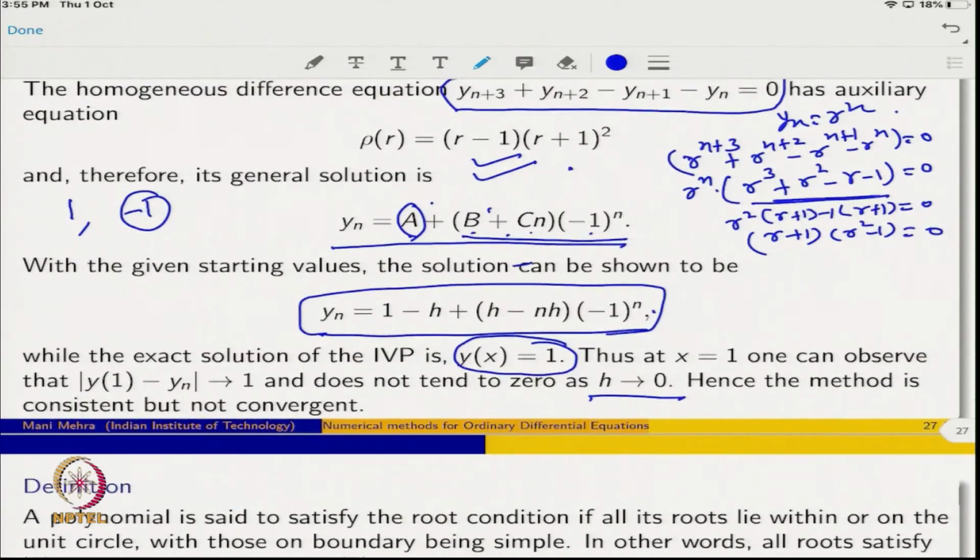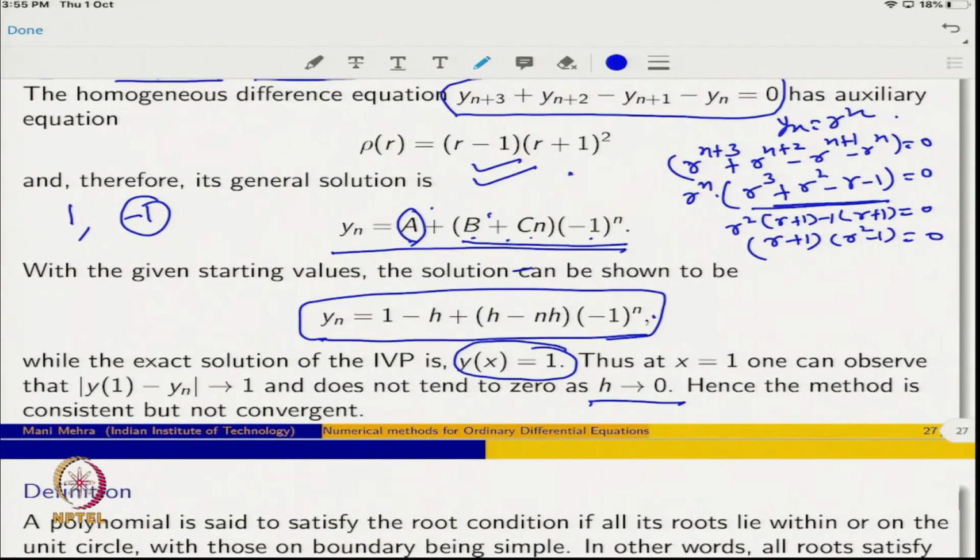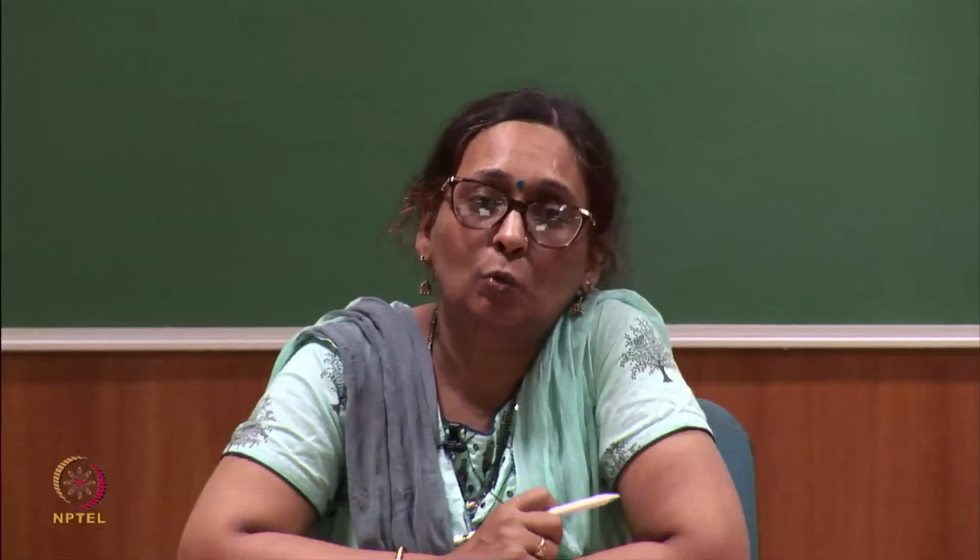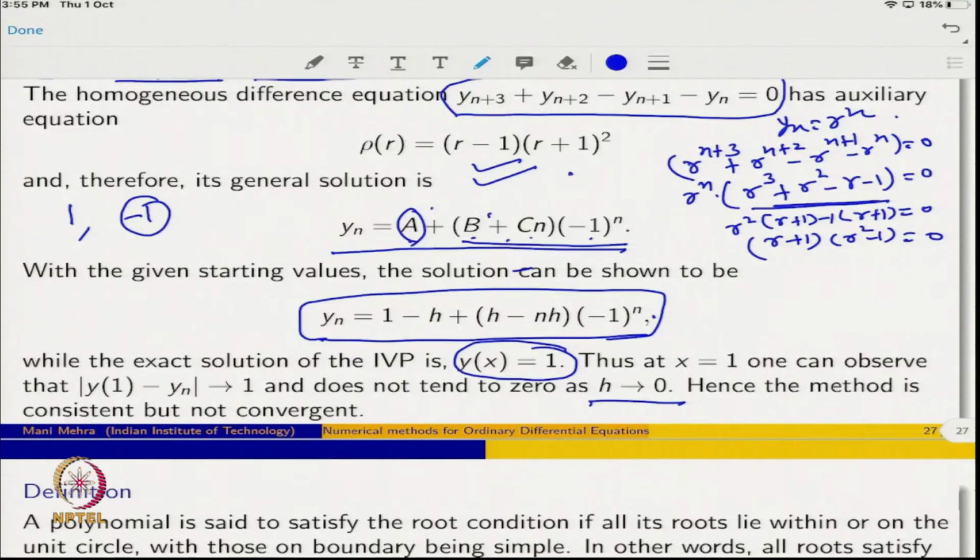It is happening because minus 1 has an algebraic multiplicity of 2, and because of that this n term has come in, and because of that we are not getting convergence.